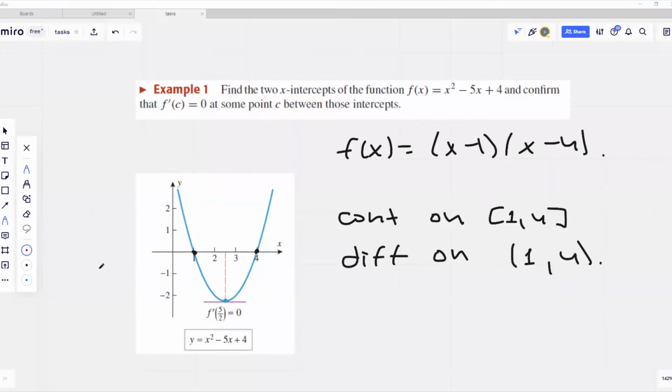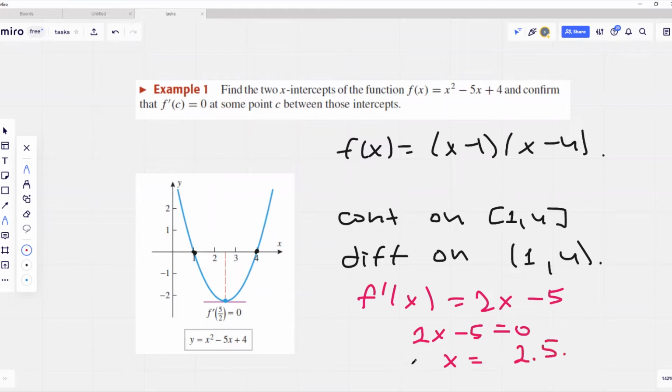Let's confirm that by finding derivative and equating it to 0. So first derivative of f of x is equal to 2x minus 5. So equating it to 0, we have x that is equal to 2.5. So at point 2.5, we have stationary point indeed.